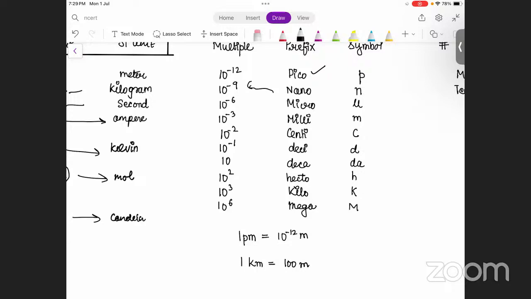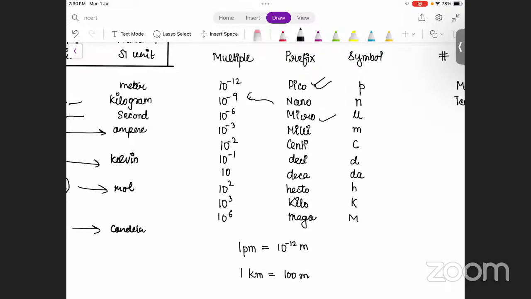If someone says 1 picometer, it is equal to 10 raised to the power minus 12 meter. Other prefixes you may see often are micro, milli, centi, deci, and kilo. So from now, you should know the relationship and the multiple for a particular prefix, if I say picometer, centimeter, kilometer.